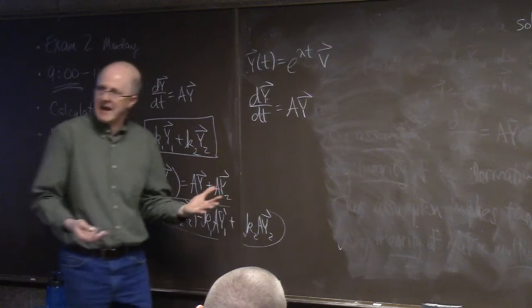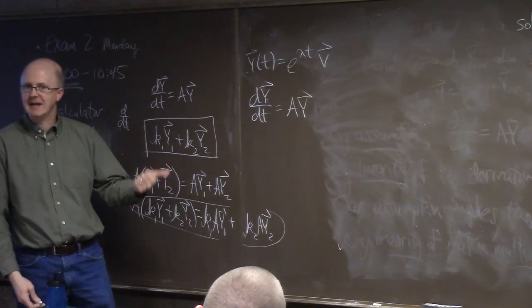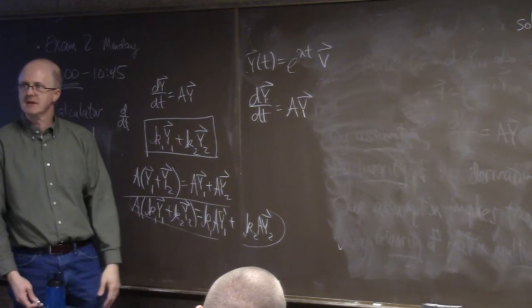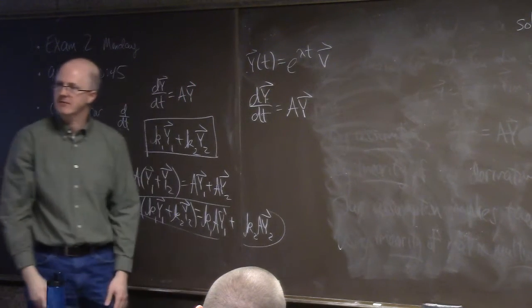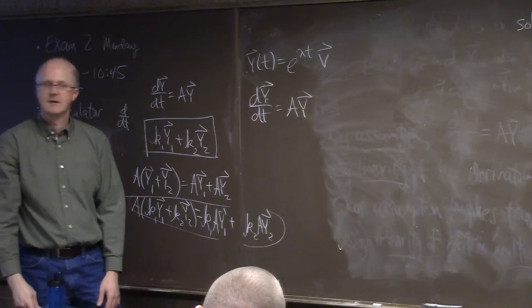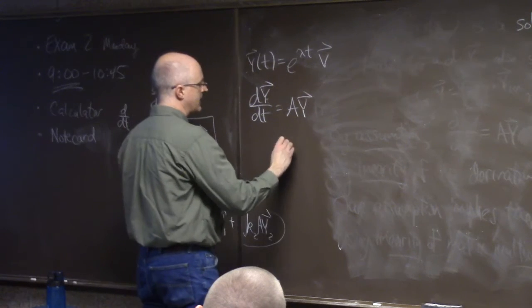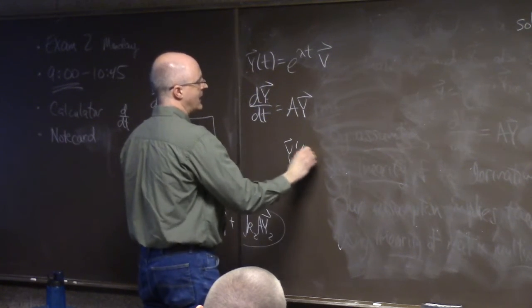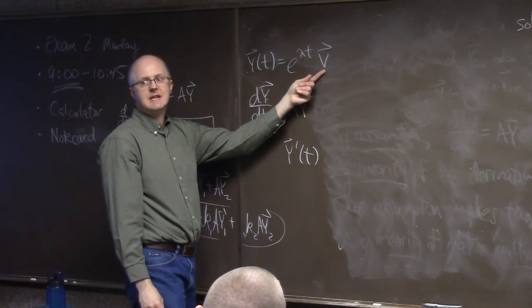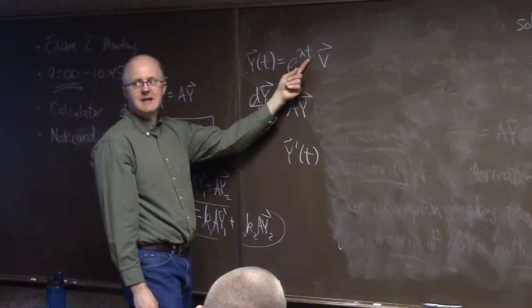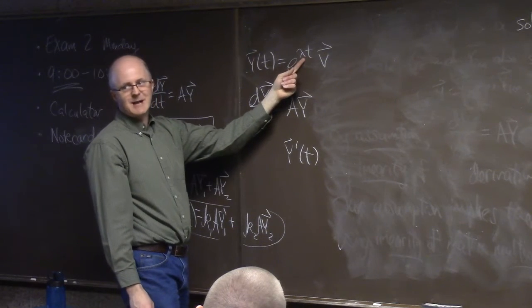Okay, well, it's a matter of plugging in the left-hand side and the right-hand side and using properties and simplifying and using the fact that you're assuming lambda and V are an eigenvalue eigenvector pair for A. You are really assuming that we know how to differentiate a function like this as well. V doesn't depend on t. There's your dependence on t. This is not a matrix exponential here.